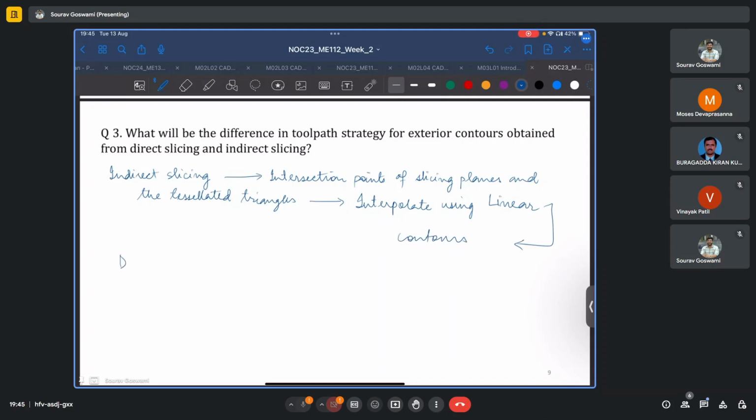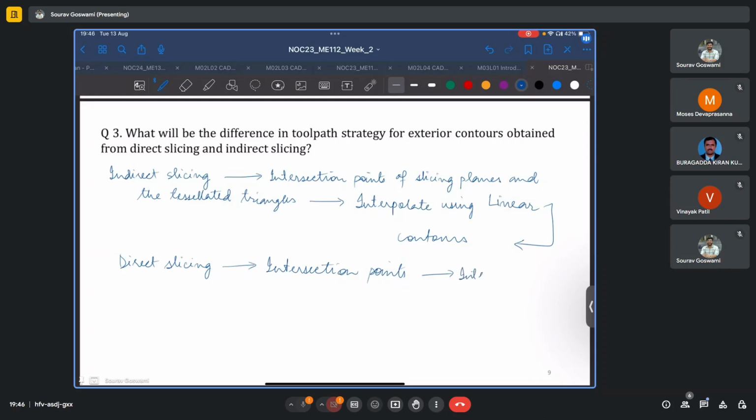However, in the case of direct slicing, now we are working with the exact CAD model. We again find the intersection points. However, now even though the intersection points are known between the slicing plane and the actual geometry, we cannot simply join these points by straight lines or using any linear interpolation.